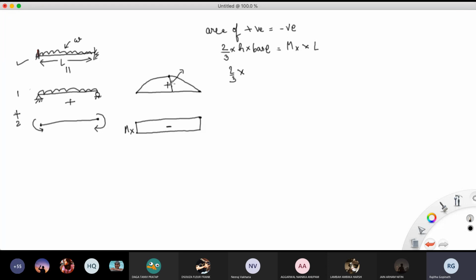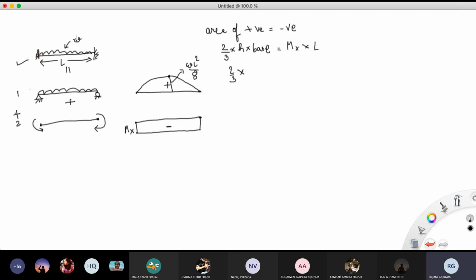For a simply supported beam with a uniformly distributed load on it, this will come as WL square by 8. It is easy to remember all these things, instead of deriving them.